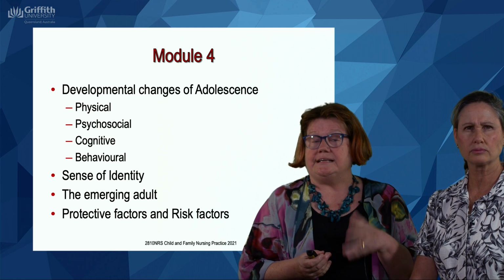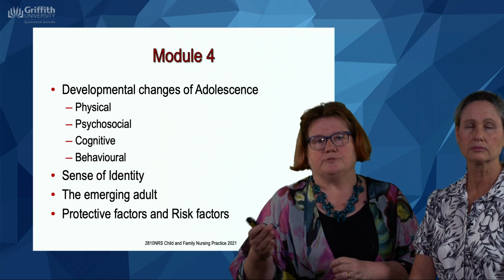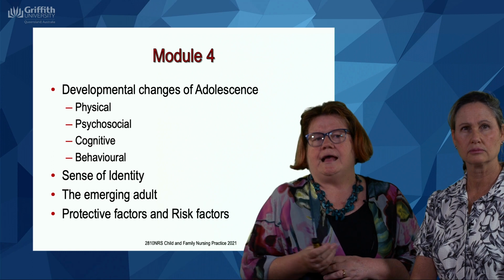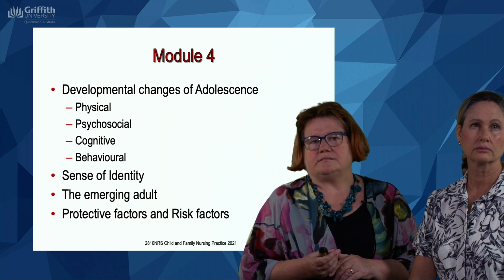And that sense of an identity and that clearly emerging adult can happen quite late for some and very early for others. And think about what that might mean in connection with those protective factors and risk factors.